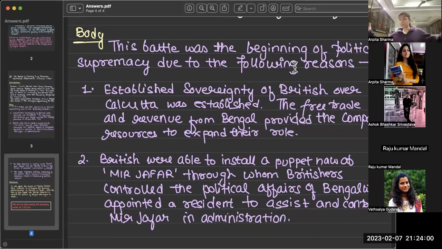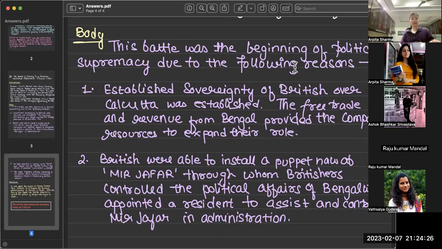And when a huge piece of land is under the control of a European, entire revenue will be also under the control of European, right? That is why it is important. Second, this was the first battle where the Britishers were able to establish a puppet ruler. Before that, the Mughals were the puppet rulers in the hands of Nawabs.